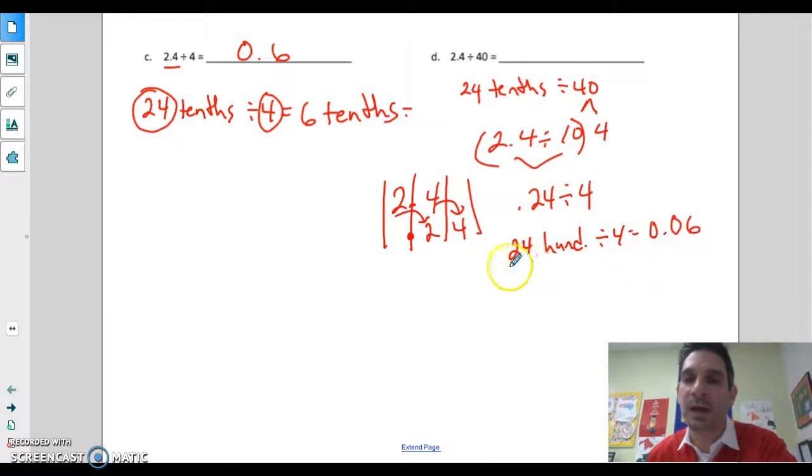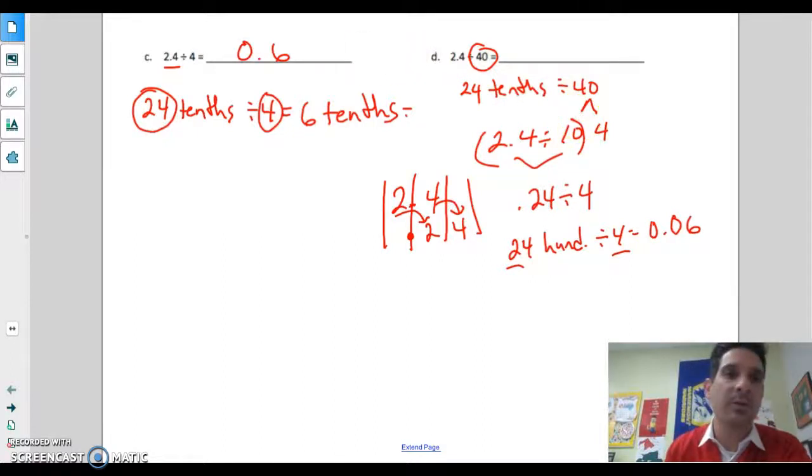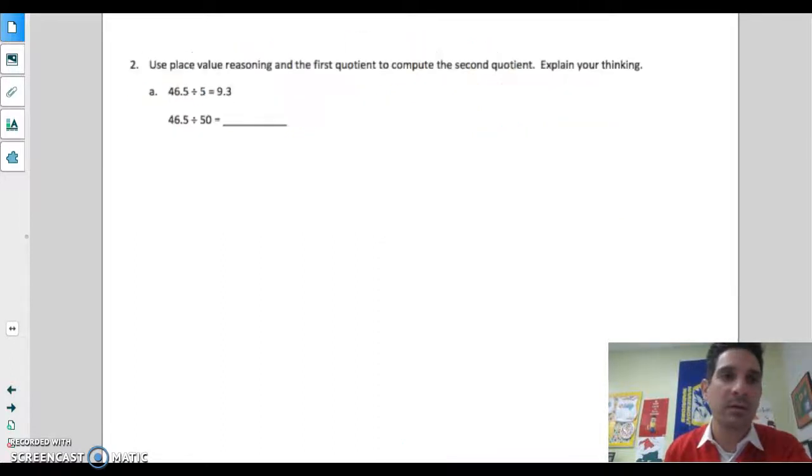Again, 24 divided by 4 is 6. When they get to these multiples of 10, that was kind of our target today: breaking down, getting rid of that 10, and just moving the decimals that way.